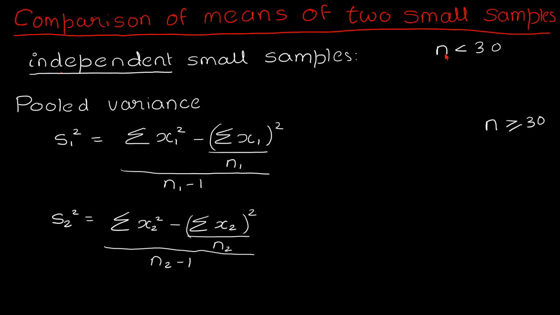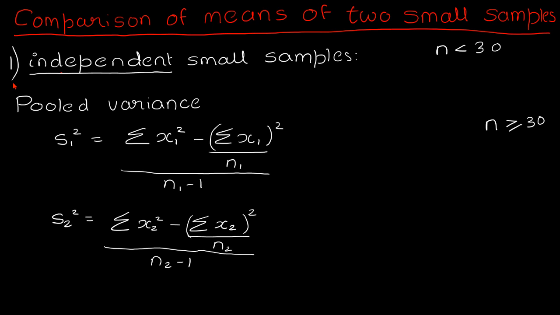Similarly, when the samples are related to each other, when there is some dependency between the two samples, how to compare the means of those two is the second part of this video. So let's focus on the independent small samples.